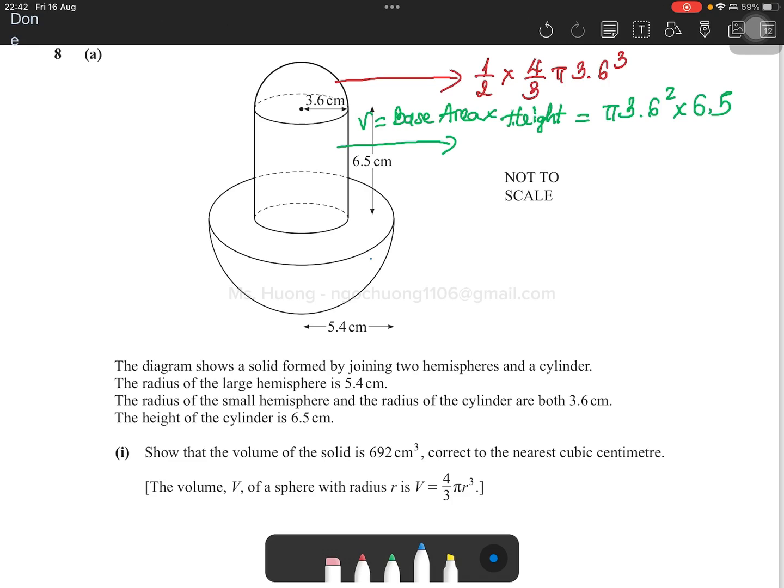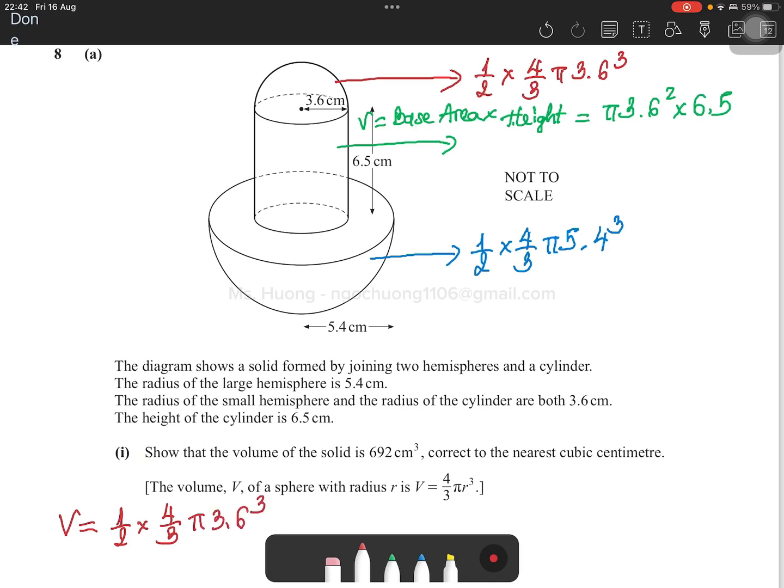And the volume of this hemisphere is also 1/2 of 4/3 pi r cubed. In this case, the radius is 5.4. So now we add up these three together to find the volume of the solid. The volume of the solid is 1/2 times 4/3 pi 3.6 cubed plus pi 3.6 squared times 6.5 plus 1/2 of 4/3 pi 5.4 cubed.